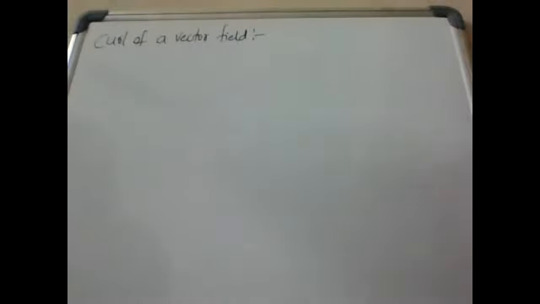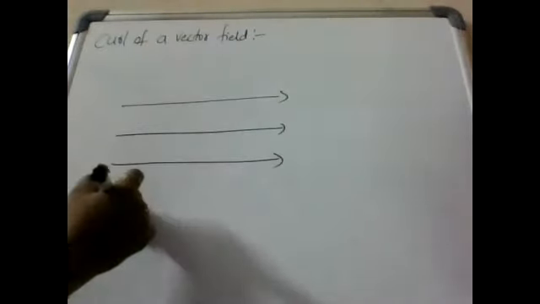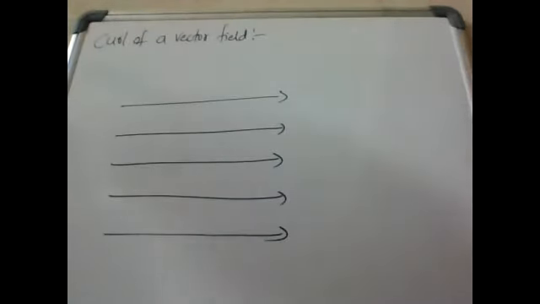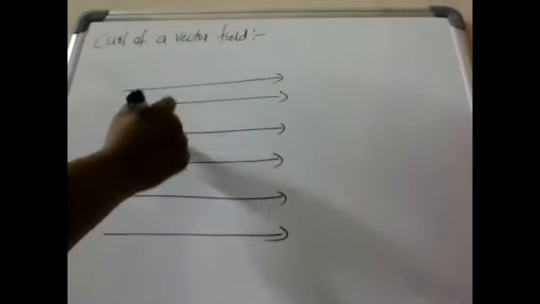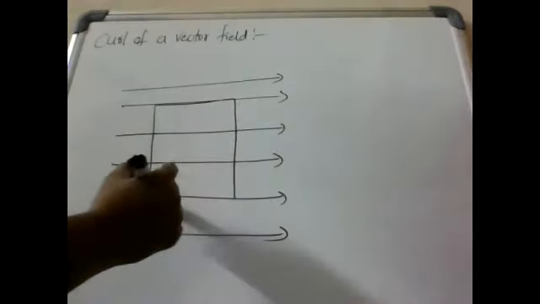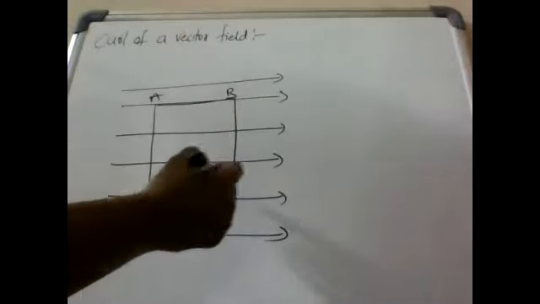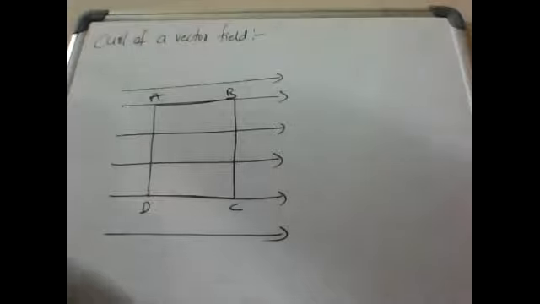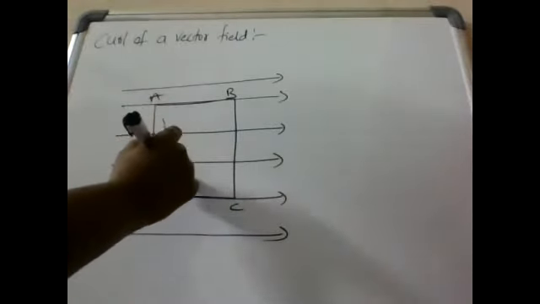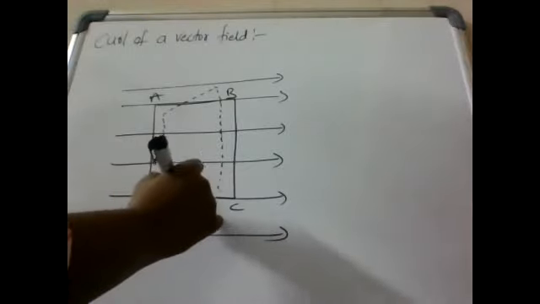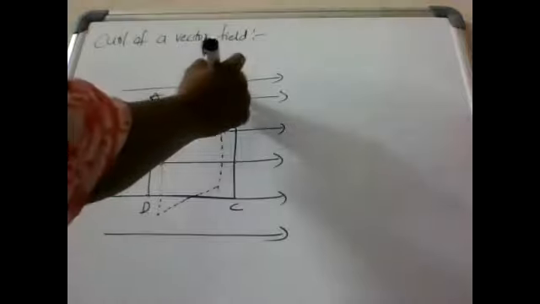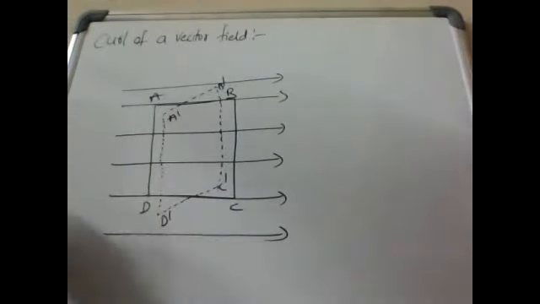Okay. For this diagram, consider two areas A, B, C, D and A dash, B dash, C dash, D dash.